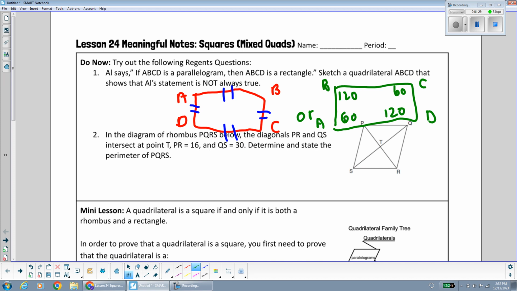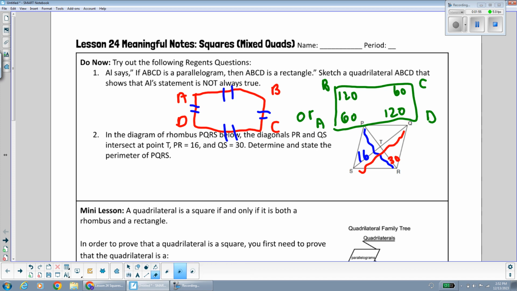For question number 2, it says we have a rhombus, and the diagonals intersect at point T, that PR is 16, and that QS is 30. Now remember, rhombuses also have all the properties of parallelograms.